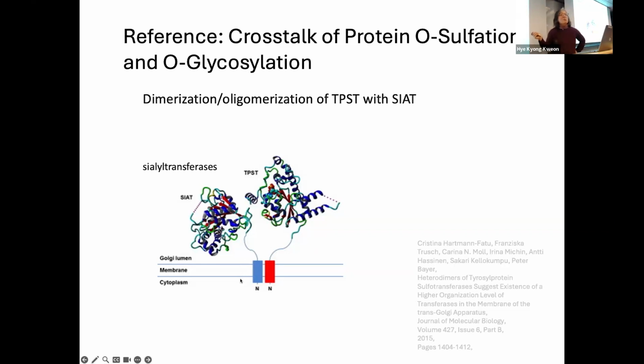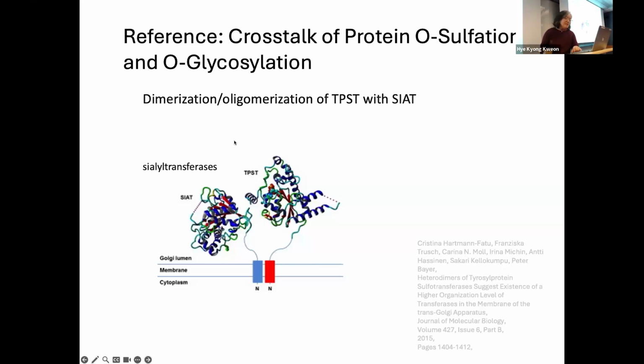Sometimes it is a homodimer, like TPST1 and 1, or sometimes a heterodimer, like TPST1 and 2, or in some cases a heterodimer with the glycosylation enzymes here. So that means the sulfation and glycosylation have a high chance of regulating each other's activities or modifications, so potential crosstalk is suggested here.